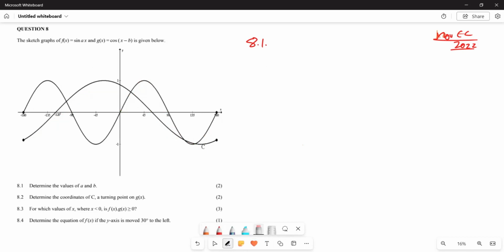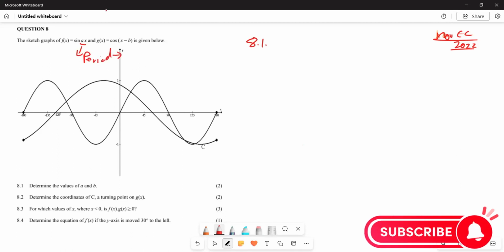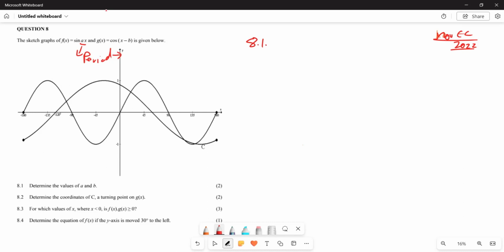For us to determine the a of this graph, the a in this particular graph represents the period, right? The period. Period is the time it takes for our graph to complete one full cycle.